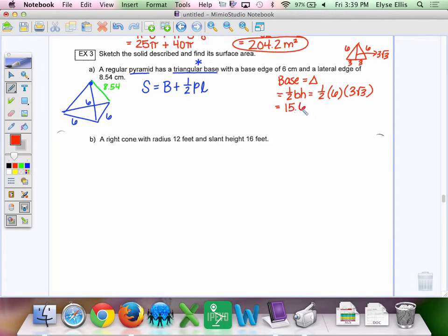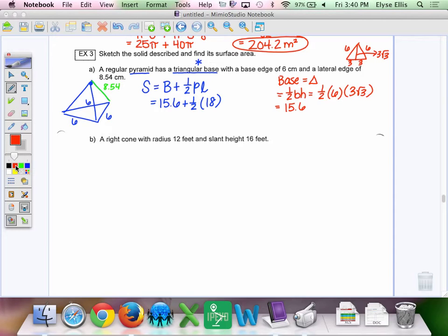And that simplifies down to 15.6. So that's going to be my capital B. 15.6 plus 1/2, my perimeter, 6 plus 6 plus 6, if I go around the outer edge of my equilateral triangle, is 18.